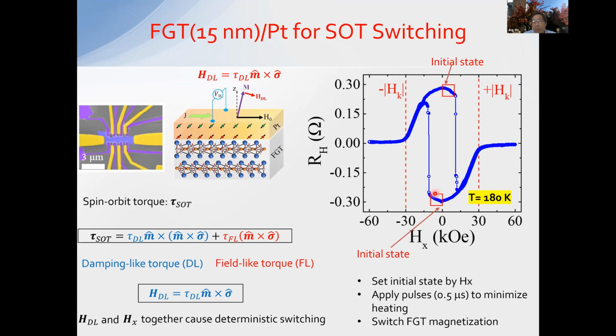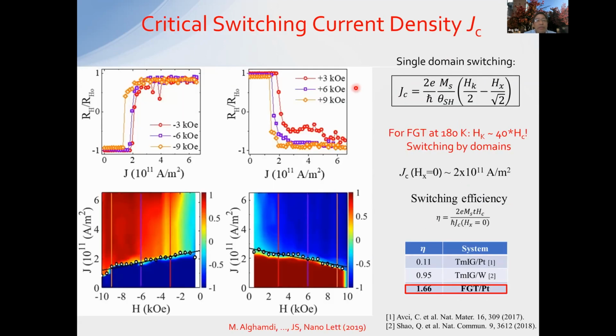Then we apply current pulses with the right polarity, to switch from here to the other direction. The pulse width is about half a microsecond to avoid heating. For every switching, we capture the current amplitude dependence.